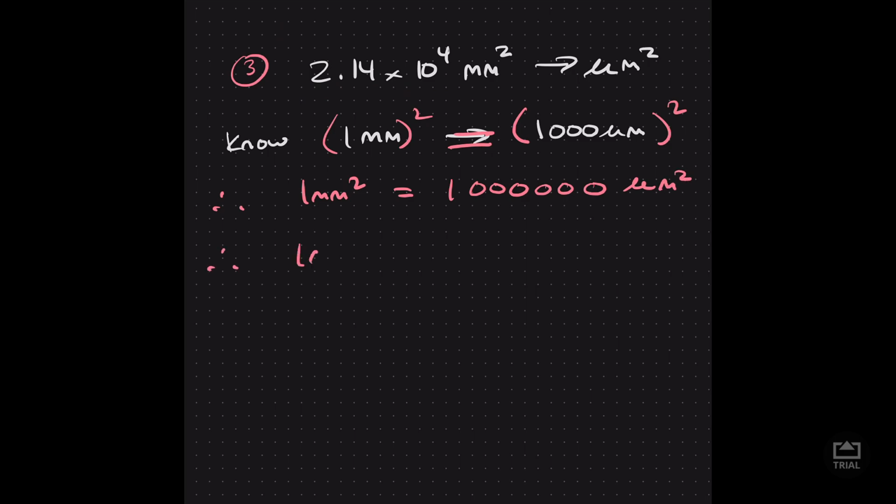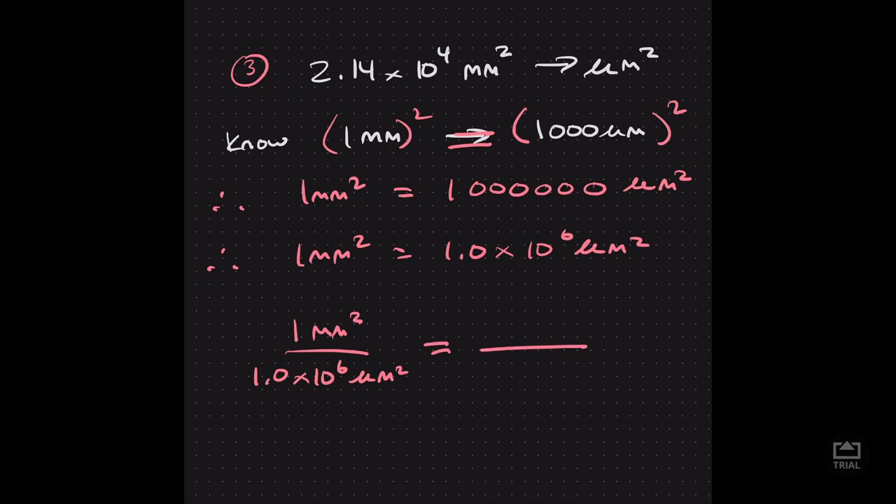And that means that 1 millimeter squared, if I simplify this with scientific notation, is 1.0 times 10 to the 6 micrometers squared. And again, just set up my ratios. So 1 millimeter squared is 1.0 times 10 to the 6 micrometers squared.